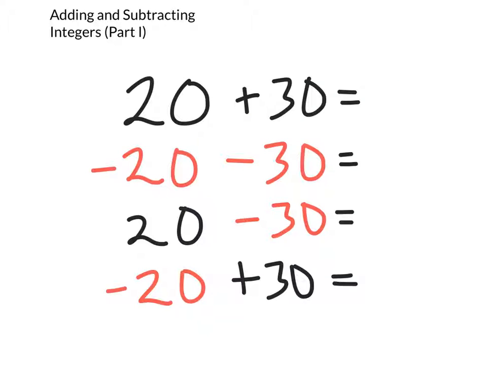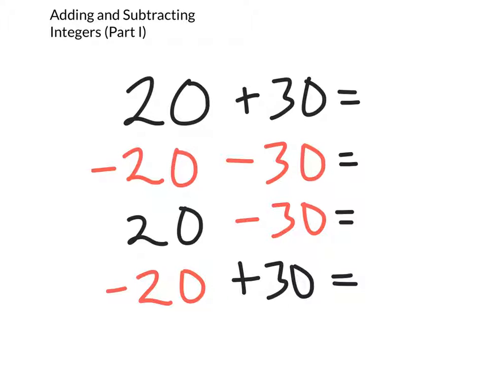Okay, so to close here, I want to discuss some bigger numbers. How do you deal with integers that are larger? Obviously, we don't want to put down 20 positive values and 30 positive values to be able to count these up. We start looking at this from an understanding standpoint of how these integers go to war and who actually wins. In this first scenario, I have 20 positives and 30 positives.